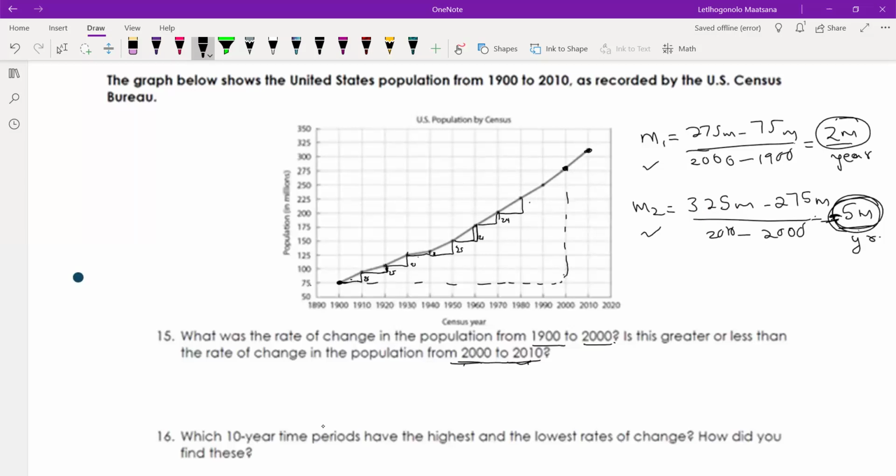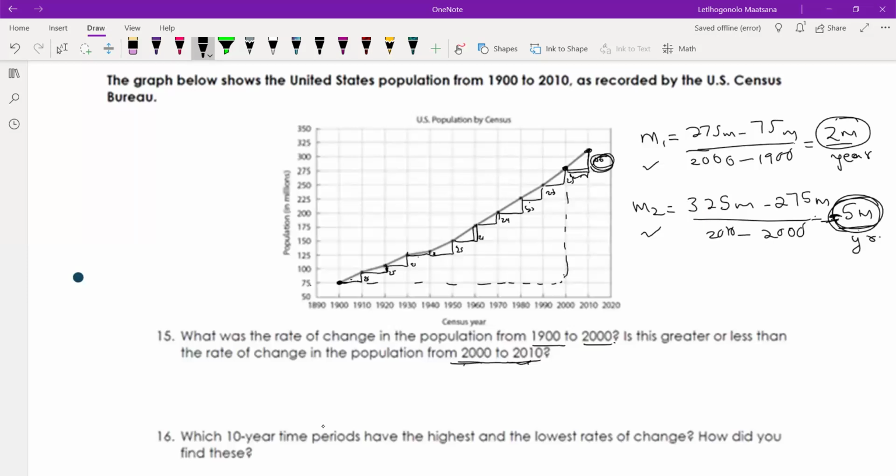Over here, 25. Over there, another 25, another 25. And over here, 25 and maybe 15 more, so 40. So in this period we increased by 40 million.